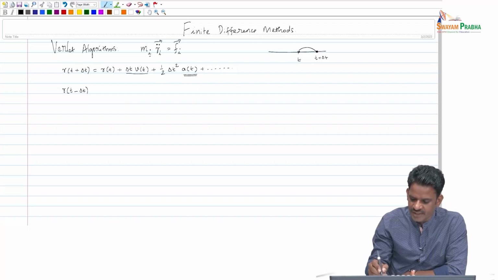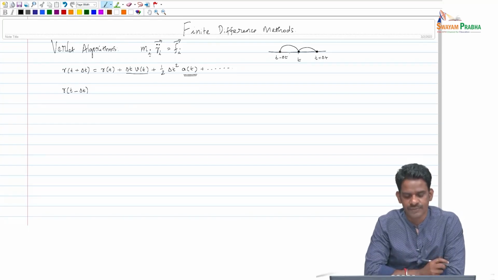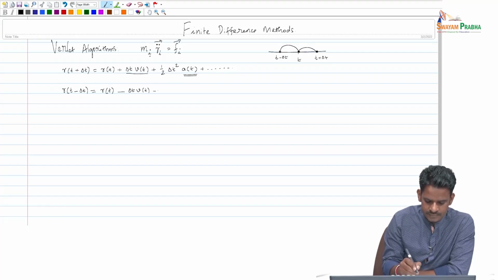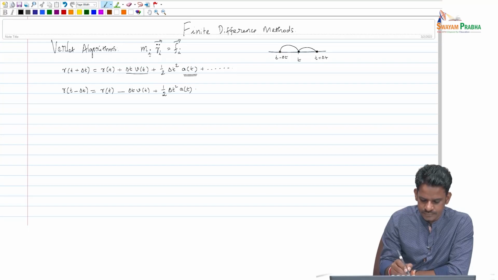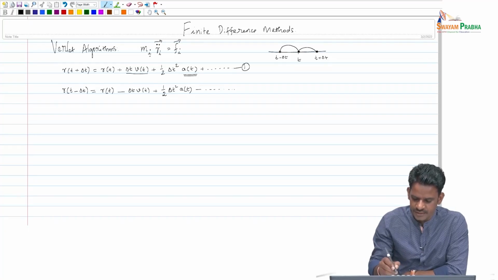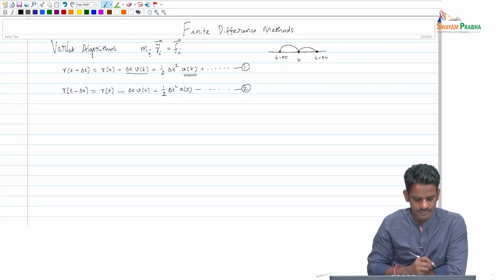Similarly, using the quantities at time t, we can also write the position at t minus delta t using the same Taylor series expansion. Like this. We call this equation 1 and this equation 2.